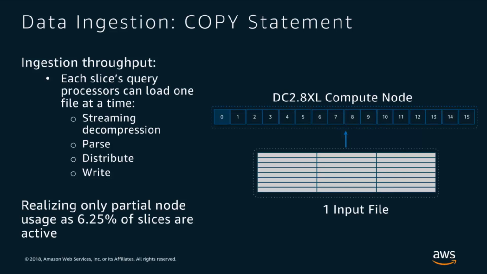slices in the cluster is going to reach out to S3, pull that file up into the cluster. It's obviously going to parse it. It's going to distribute it to the other slices depending on your distribution style, and it's going to get written out.